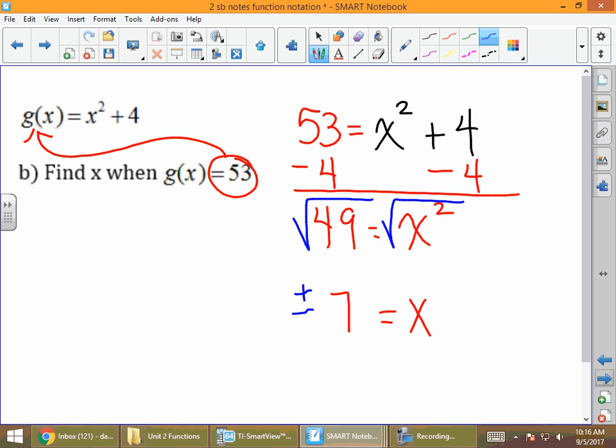But negative 7 times negative 7 is also positive 49. In this case, we could have 2 inputs. Typically, we tend to deal with the positive input, but we'll put them both there. Again, watch out for what you're given. Are you given the input or are you given the output? In this situation here, we were given the output.